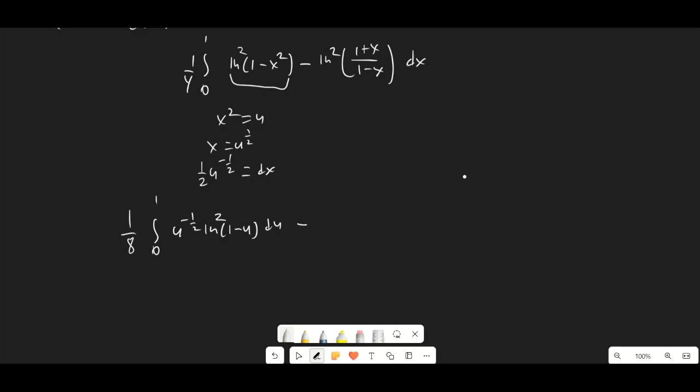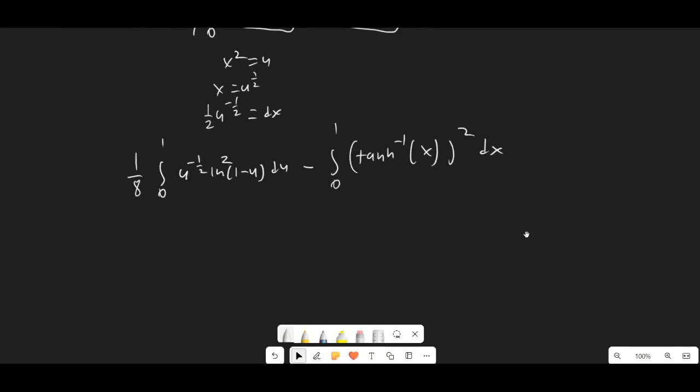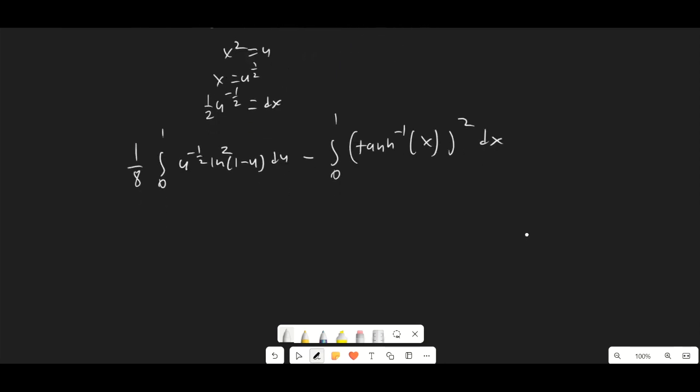Minus, then this is just an expression for inverse hyperbolic tangent. So actually we're going to have the integral from 0 to 1 of inverse hyperbolic tangent of x, which I think is cool, and this is all squared, dx. So for this first one right here, we're going to replace u with 1 minus u. So we're going to get 1/8 times the integral from 0 to 1 of (1 minus u) to the negative 1/2 times ln squared of u du.